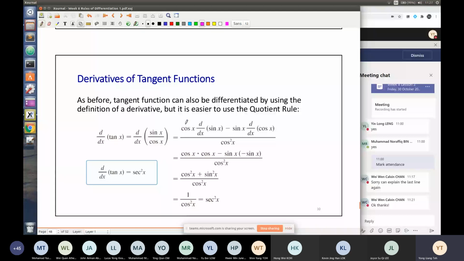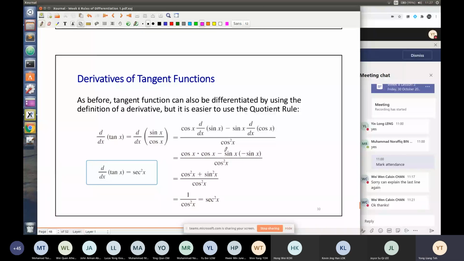Differentiate sine, the numerator, minus hold sine, the numerator, then differentiate the denominator. Now this is no big deal because we already know that differentiation of sine is going to give us cosine, and similarly, differentiation of cosine is going to give me minus sine. So hence, what do I have? I have cosine x times cosine x, which is just giving me cosine squared x.